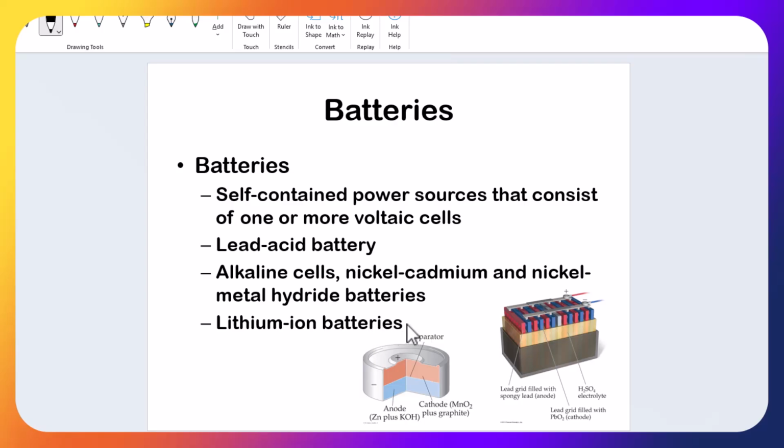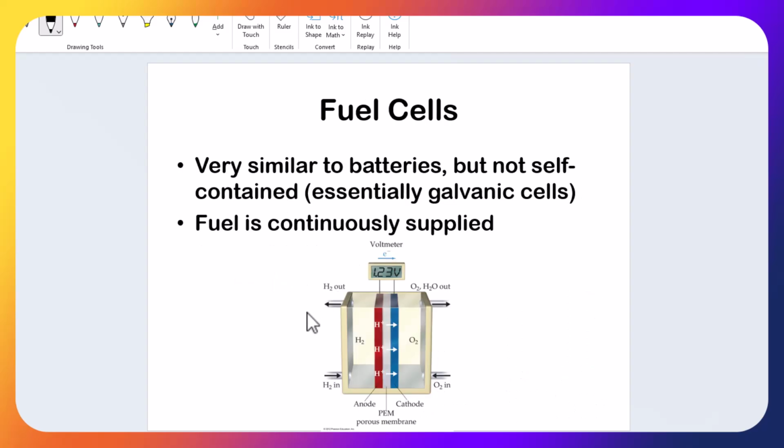Lithium-ion batteries are what you have in your electric car, more than likely. You've got alkaline cells in your calculators and lots of different devices. If you go into space, you're going to use fuel cells. The advantage to fuel cells is just hydrogen and oxygen producing water, with electrons transferring. So you're oxidizing hydrogen, you're reducing oxygen, you're making water and electricity.